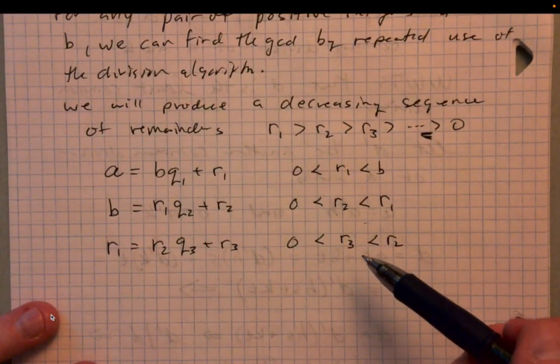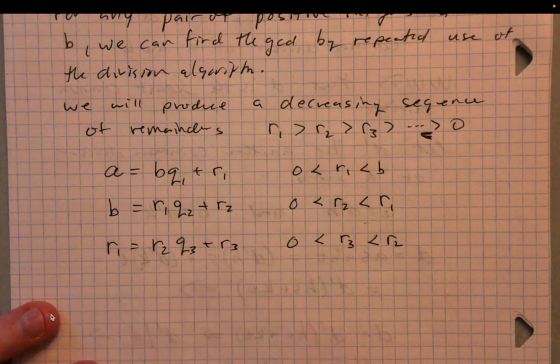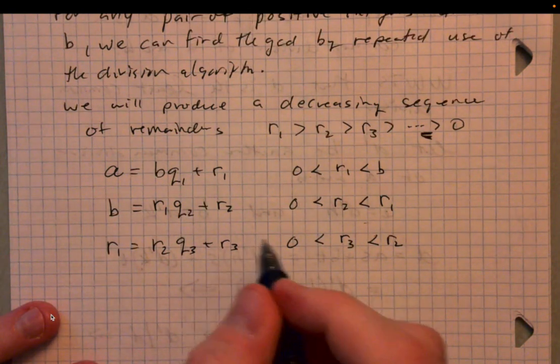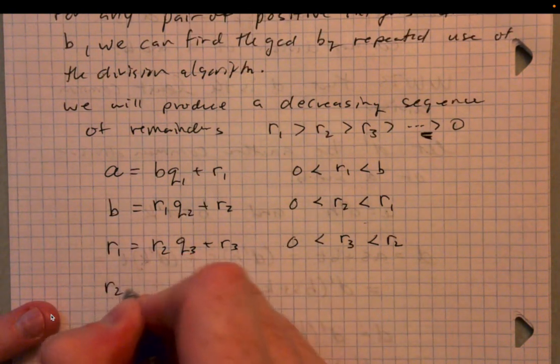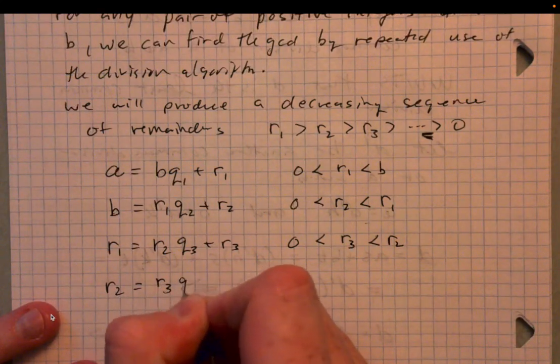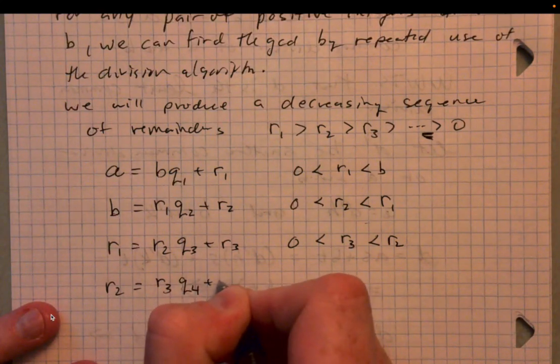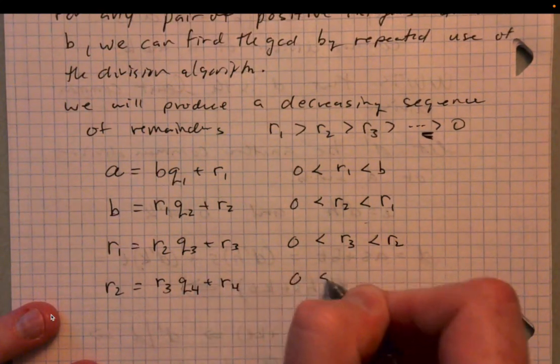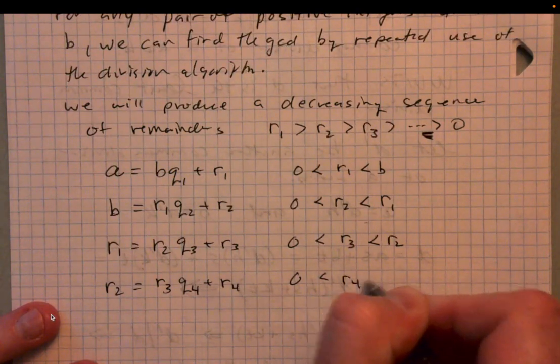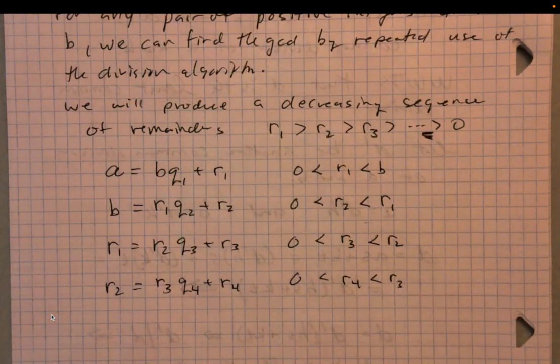And if we were to go on, the next one would be what? The next one would be r2 equals r3 times q4 plus r4, where 0 is less than r4, which is less than r3, right? And so on.